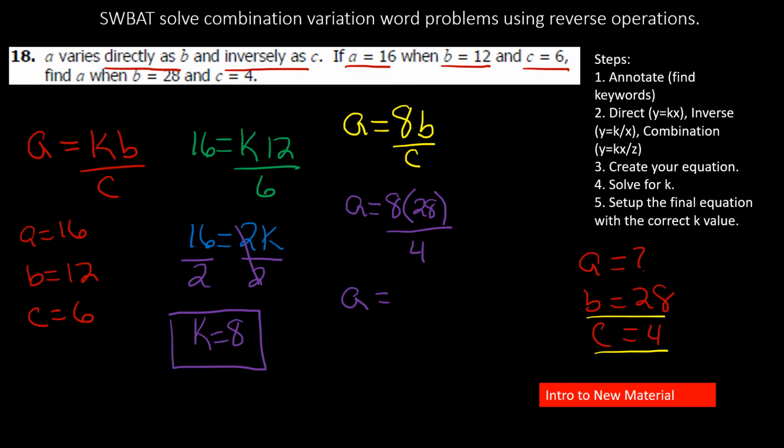A equals, so let's take the time to work that math out. We want to do 8 times 28, so we would get 224 over 4. And when we reduce that out, we get that A is equal to 56.